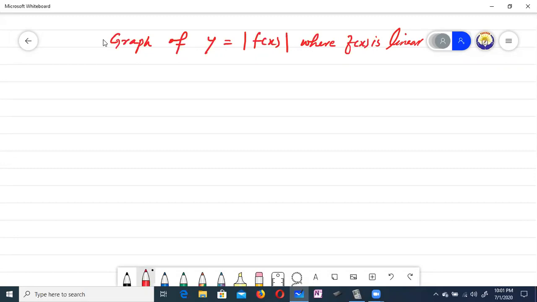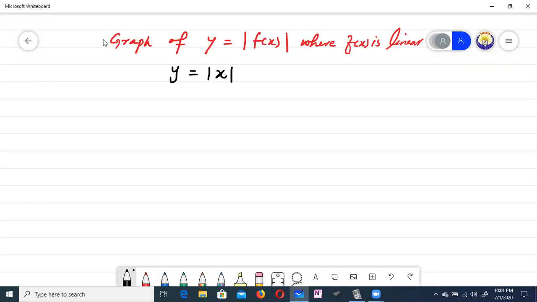How we can draw the graph of modulus function? Suppose we are having function y is equal to modulus of x.